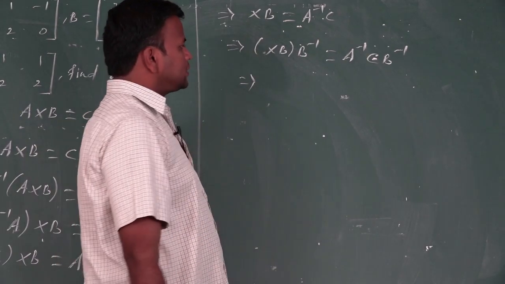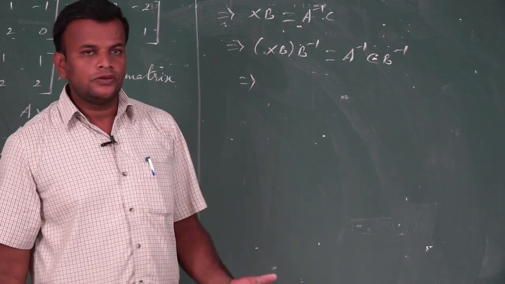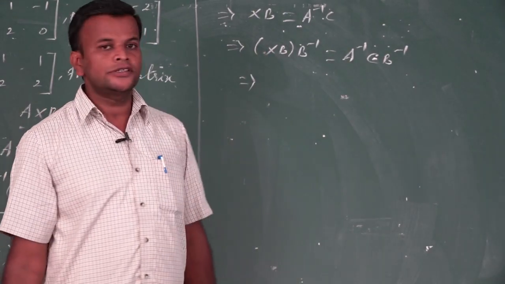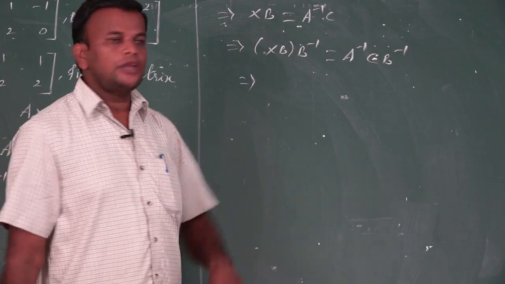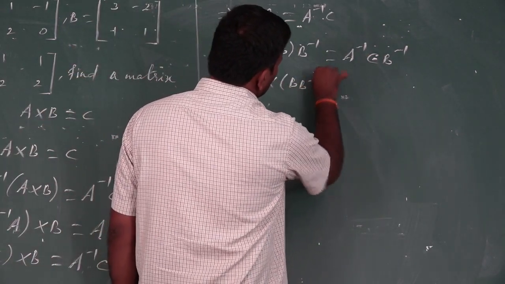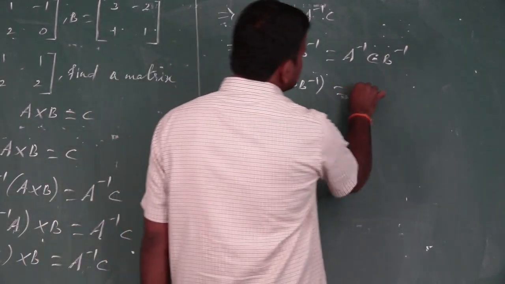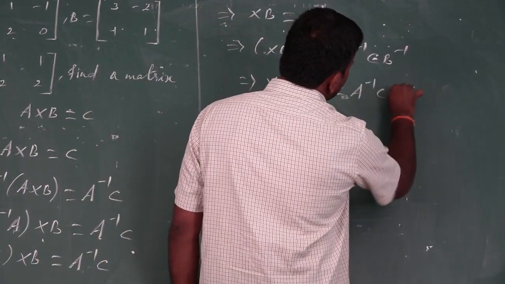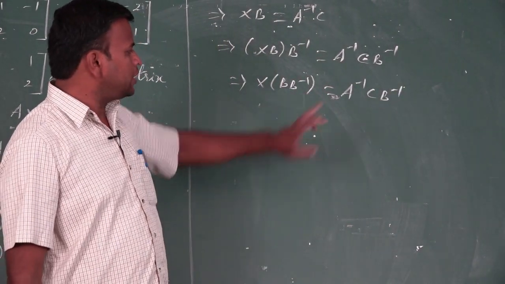You identify what is the next step? Matrix multiplication is always associative. So how to write XB into B inverse? It becomes X into B inverse. RHS is no change: A inverse C B inverse. What is the value of B into B inverse?